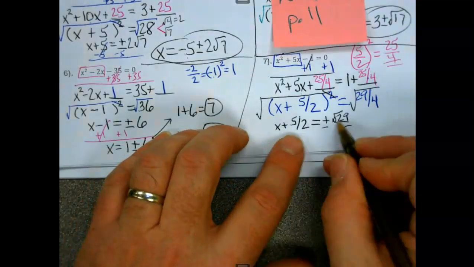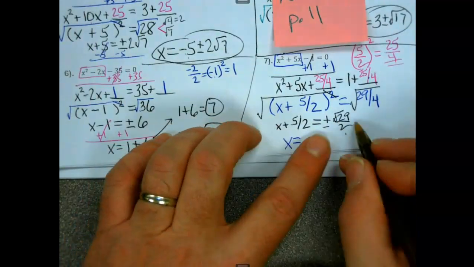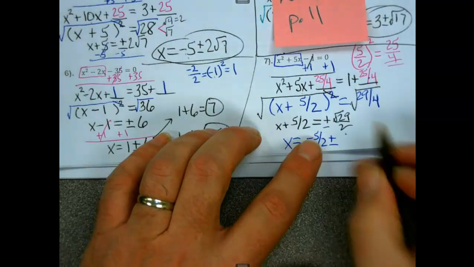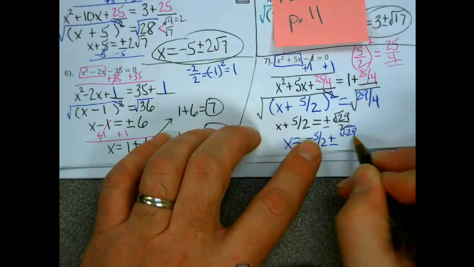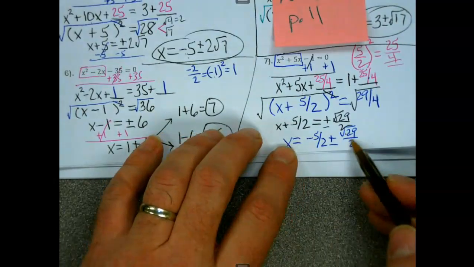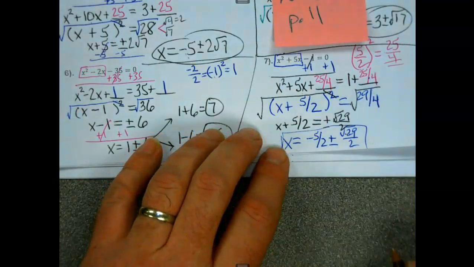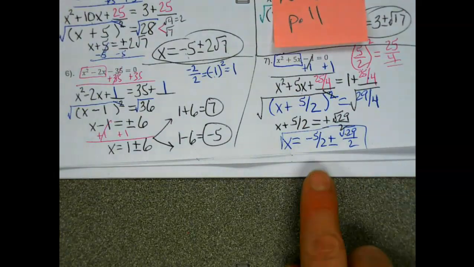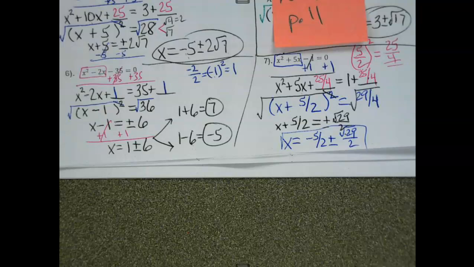I'm going to subtract this 5/2, but I cannot combine it with this part that has a radical. I could write it as negative 5 plus or minus the square root of 29 over 2, but I think this is going to be easier to deal with.